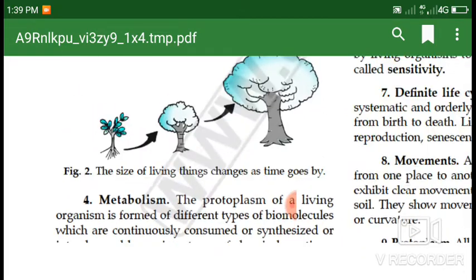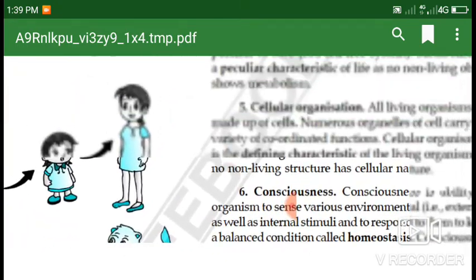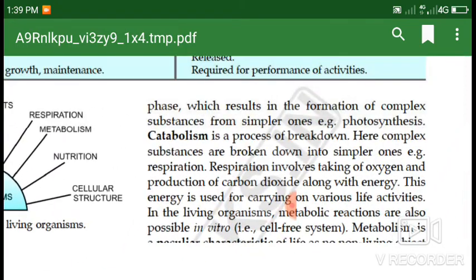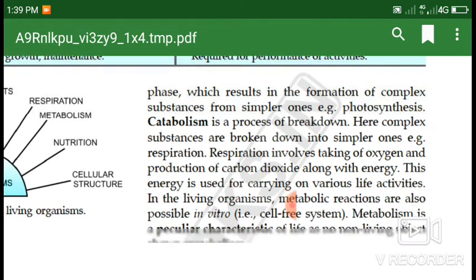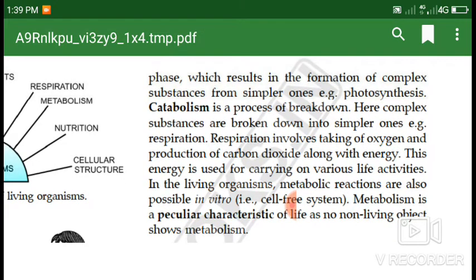Anabolism is a synthetic phase which results in the formation of complex substances from simpler ones. Example: photosynthesis. Catabolism is a process of breakdown. Here the complex substances are broken down into simpler ones. Example: respiration.